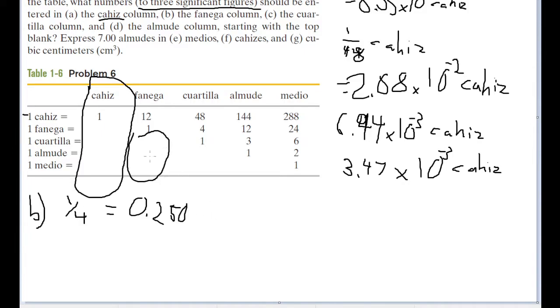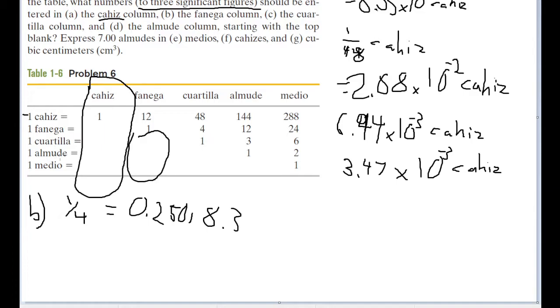And the rest of the values we get for, again, flipping the other little fractions then become, let's see here. Oh yeah, for the almude, sorry. So yeah, we're going down the rows. But then it's the same process.